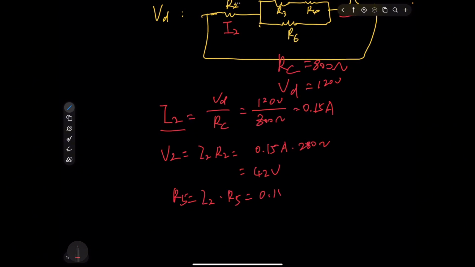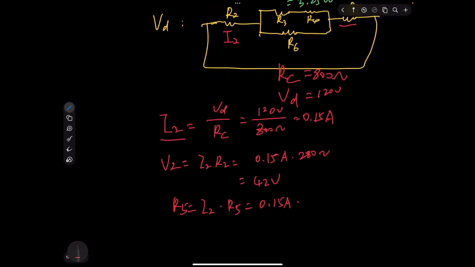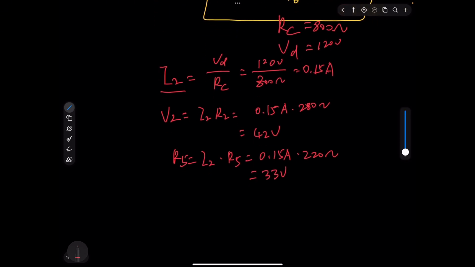So that would be 0.15 amps times R5, which is 220. That's 33 volts. So this would be V5.